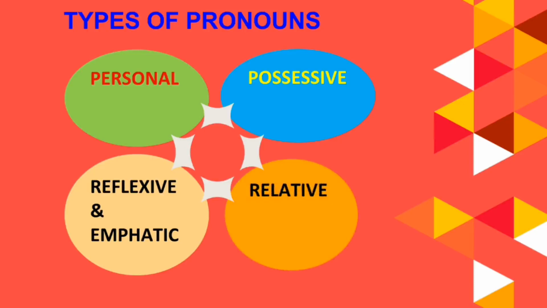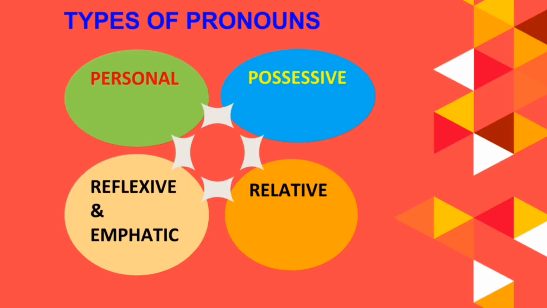Dear children, there are many types of pronoun, but in your textbook there are only 4 types. There are many types like distributive pronouns, interrogative pronouns, like that. Many different types of pronouns are there, but in your textbook you are having only these 4 types of pronoun. So we will be doing with these 4 types.